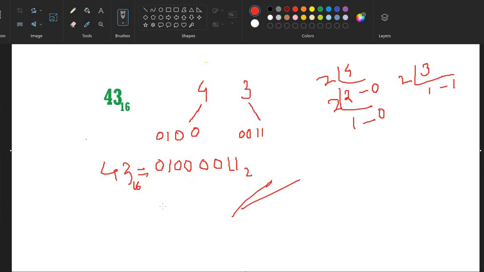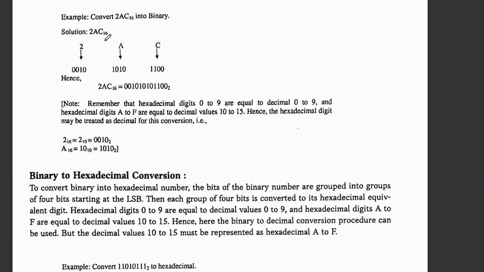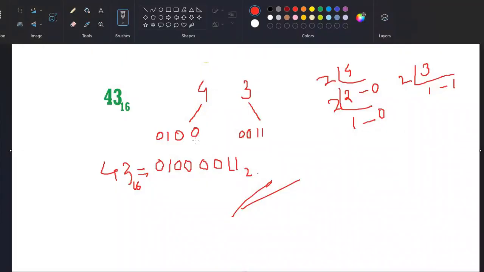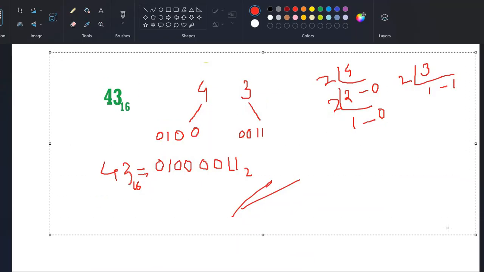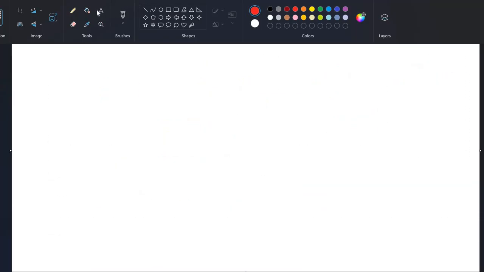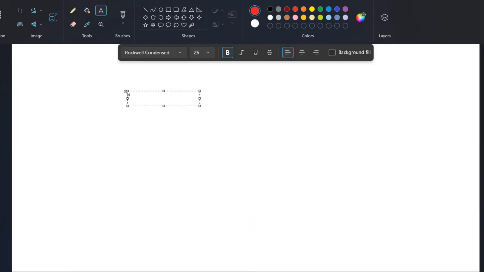Let's try the example that we had in our book. Okay, let's try that example. So the number is 2AC to the base 16. Okay, let's try this one. 2AC to the base 16.